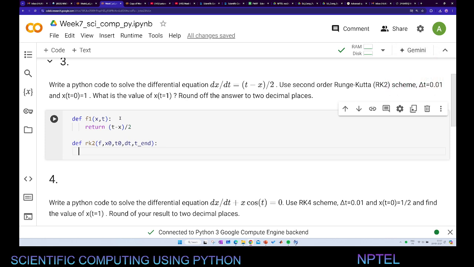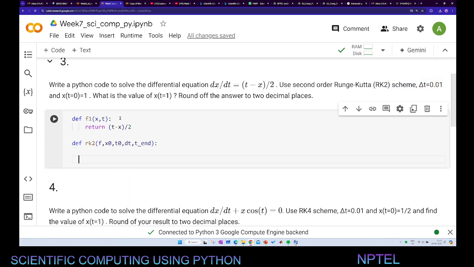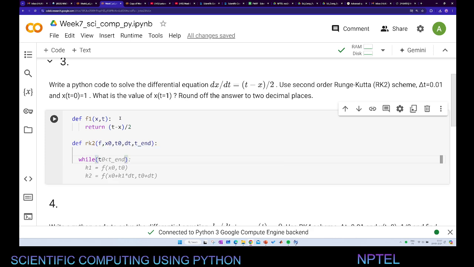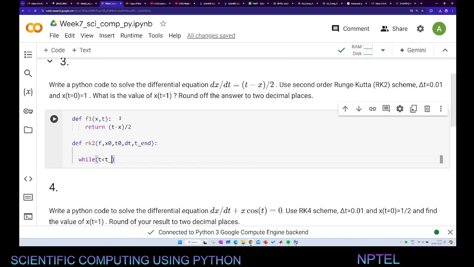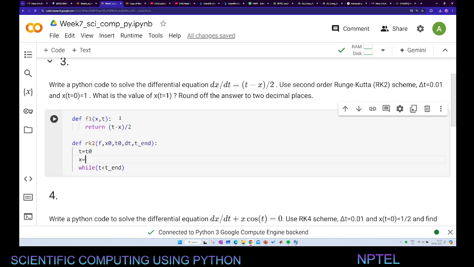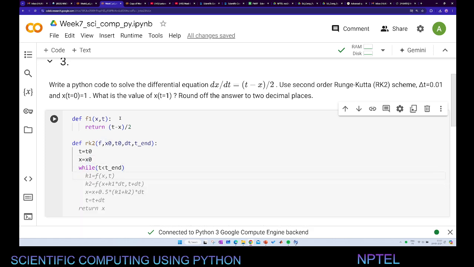As we did earlier, we take a while loop, right? While there is some t, it should be before t end. So we run till t end. So we start with t being t0, the initial point, and x being x0, and then we'll update according to RK2.